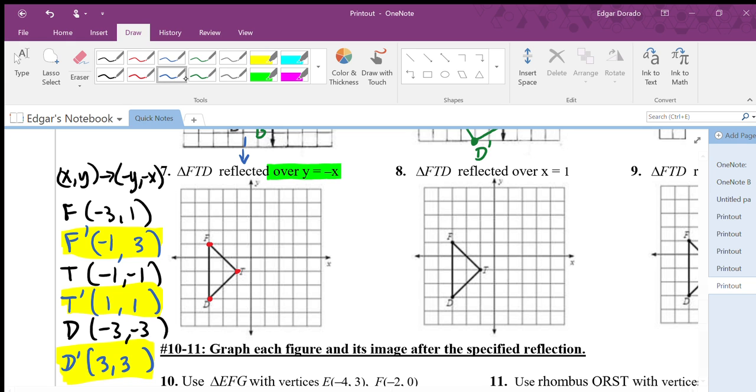So -1, 3 is right up here. That is my F prime. T is 1, 1. That's my T prime. And finally, D is right up here. So D prime. Now I can go ahead and connect all my dots.